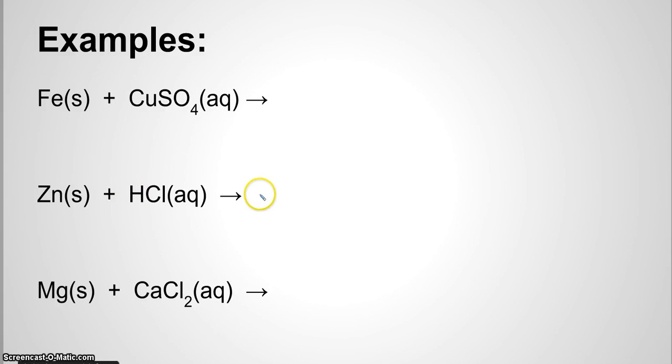Hydrogen is a gas when it's by itself, and we write it as H2 gas. Remember, it's diatomic, so we're producing hydrogen gas. And then the zinc is going to bond with the chloride. Zinc has a charge of +2, chloride has a charge of -1, so ZnCl2, and it will be the aqueous part, and then we balance it with a 2 right there, okay? So that's what it looks like if you have hydrogen as a cation.